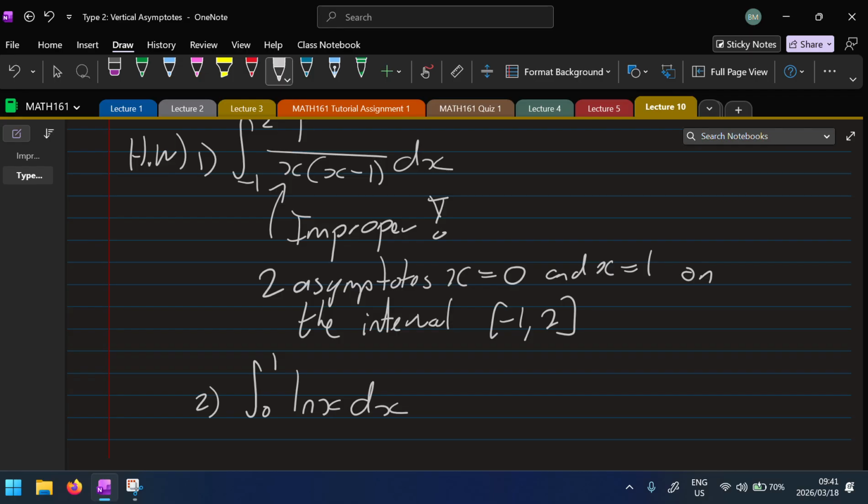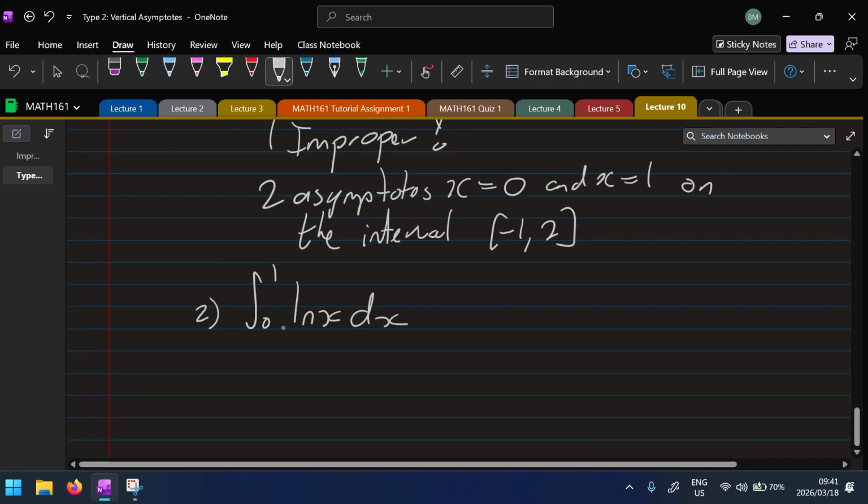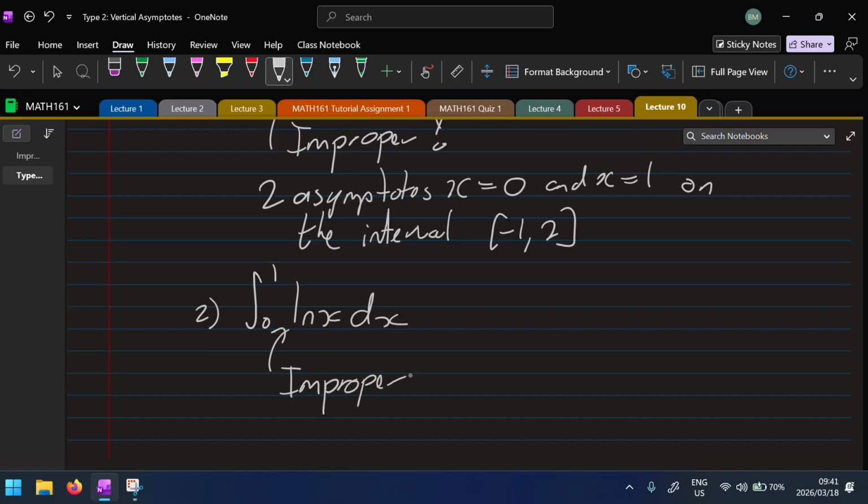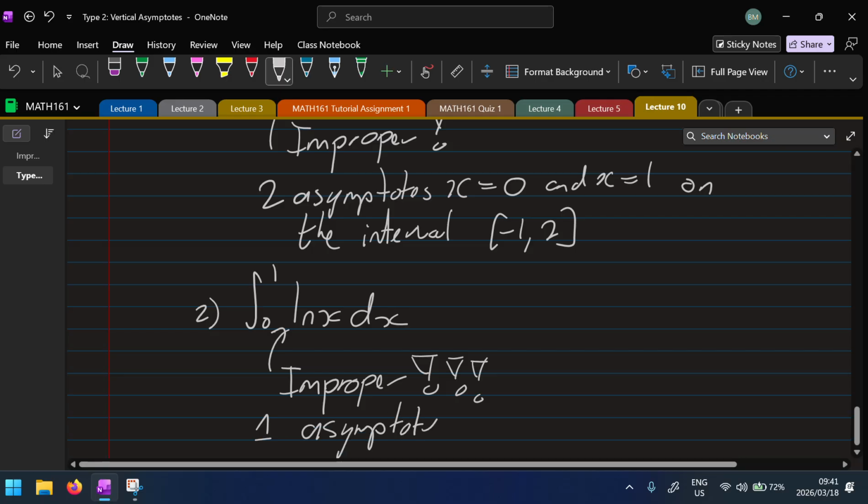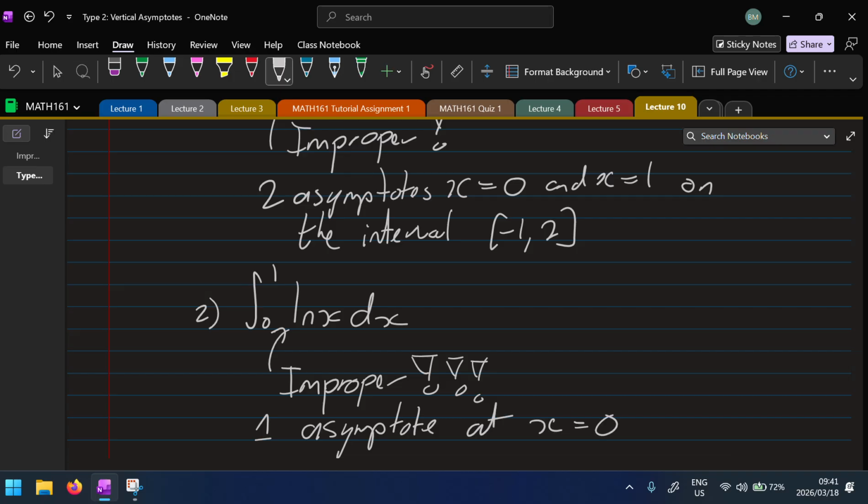Yes, at the bottom there. So this is also improper. We have one asymptote at x equals 0.